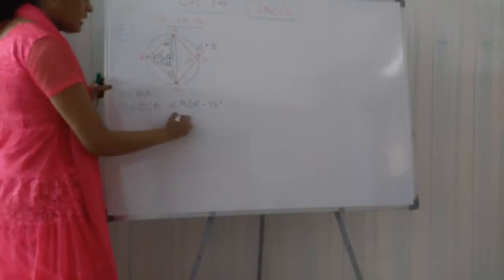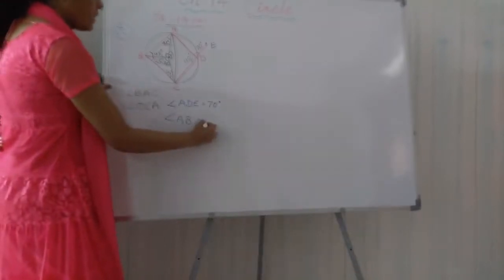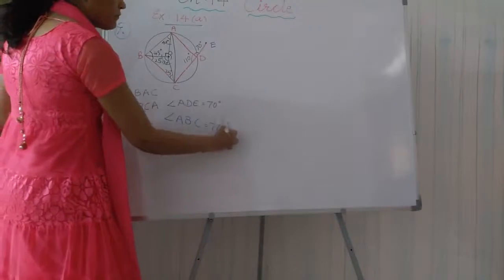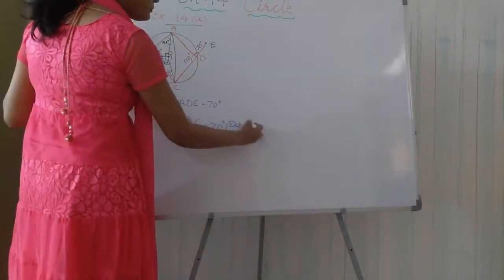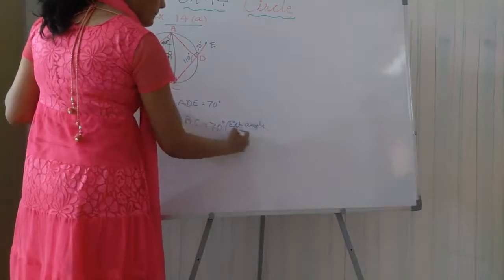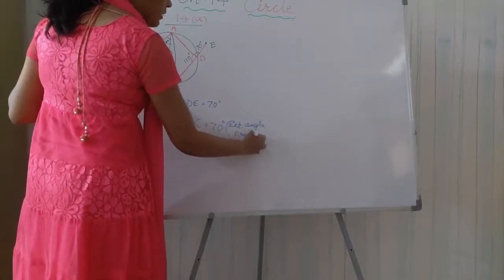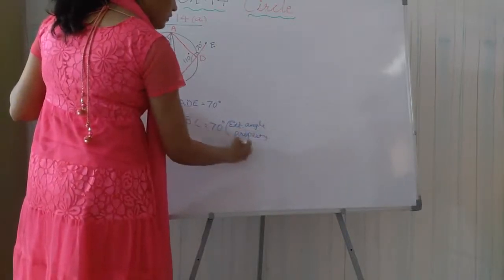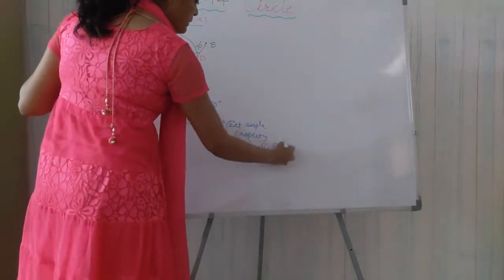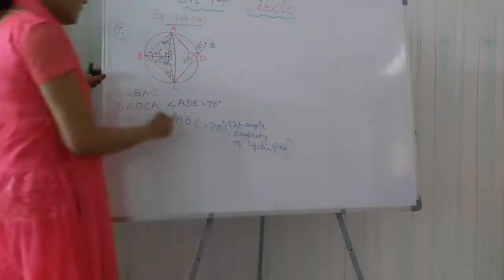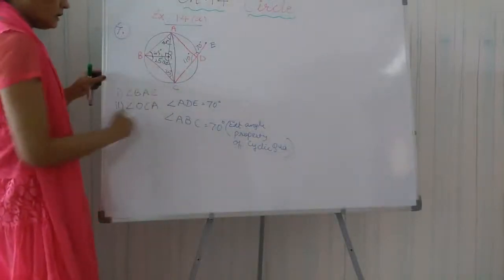So I will write angle ABC is also 70 degrees using the exterior angle property of a cyclic quadrilateral. Right? So now ABC is 70.